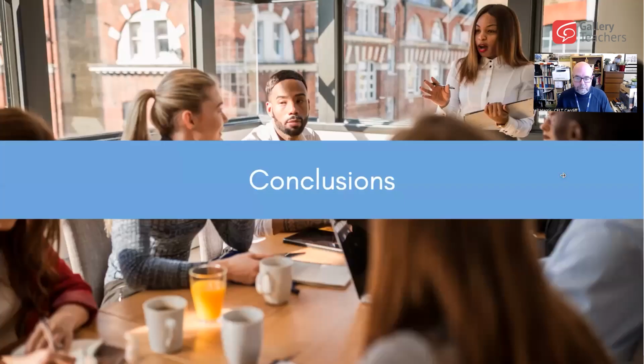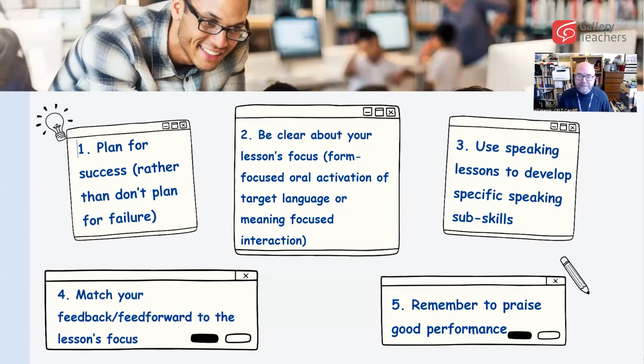So to conclude, plan for success. Know what you're setting out to do in a speaking segment or class, and develop it so that your learning objectives and your learning outcomes match your activities, and that your feedback is all matched together.